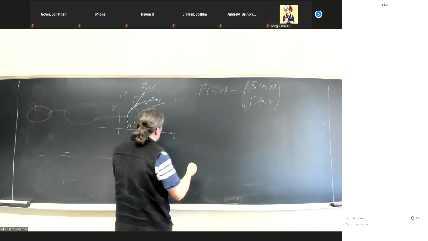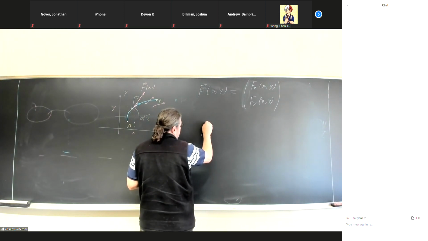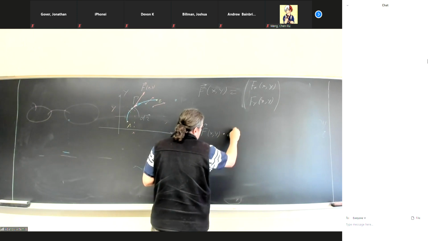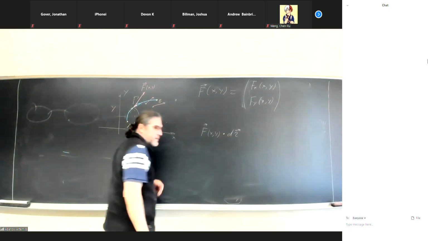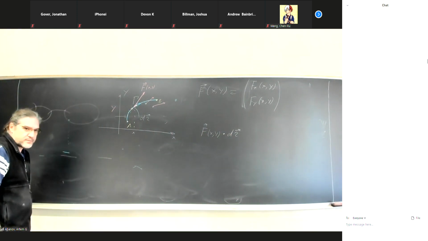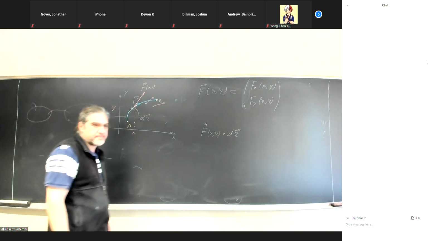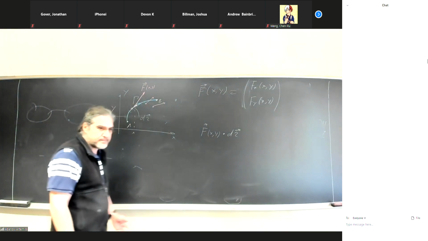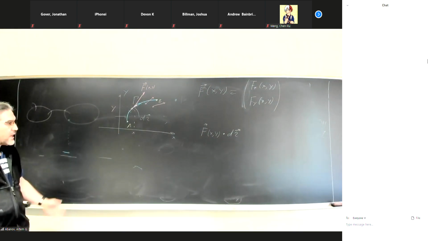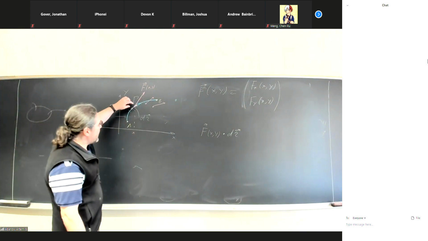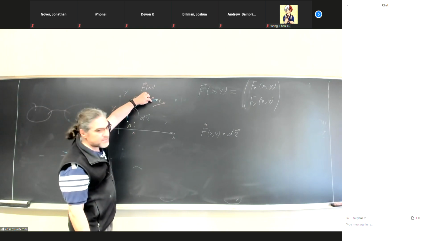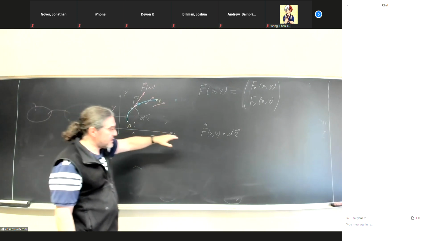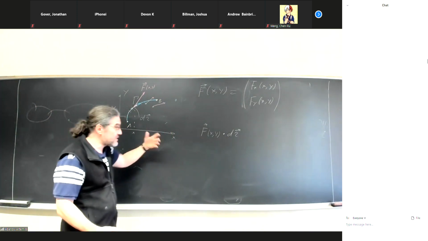So I can take a dot product. I can say that f of x and y dot dr. That makes sense so far? Yes. So I have it for every small displacement. I compute this for every small displacement.